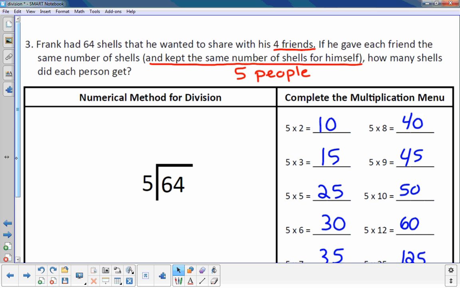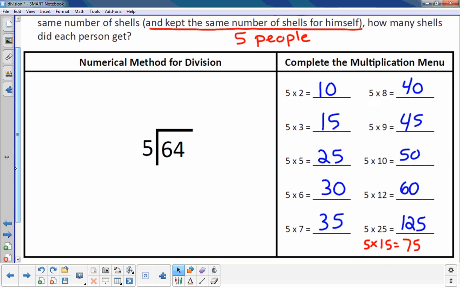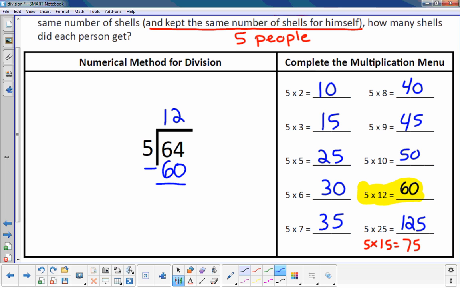All right, so we're gonna figure out this division problem. So I noticed over here, 5 times 12 is 60. I'm going to subtract those.